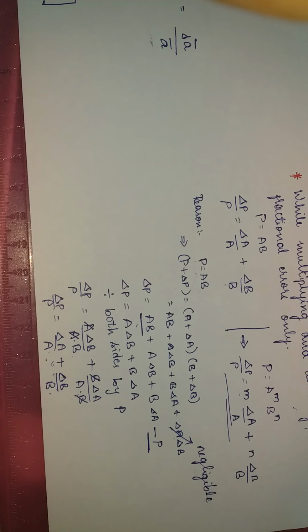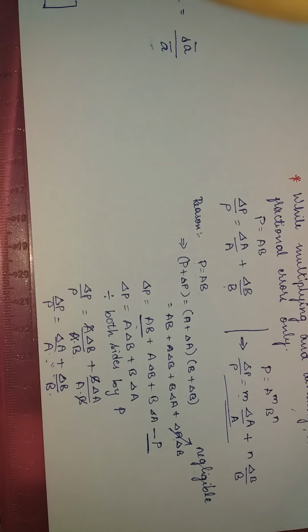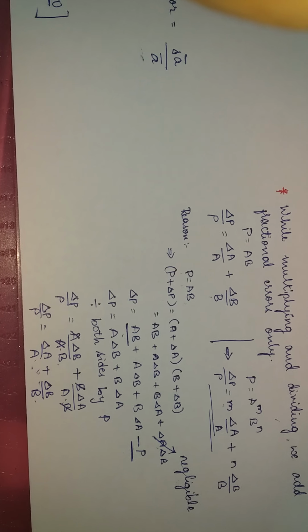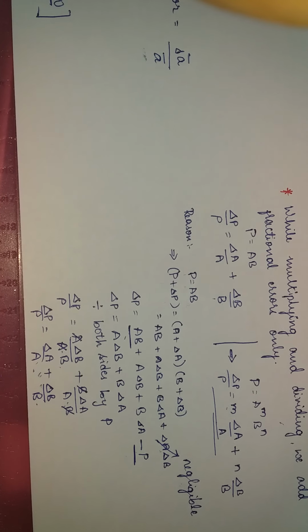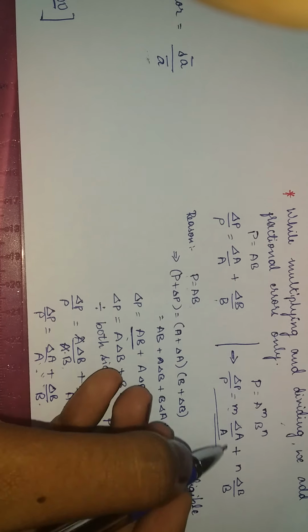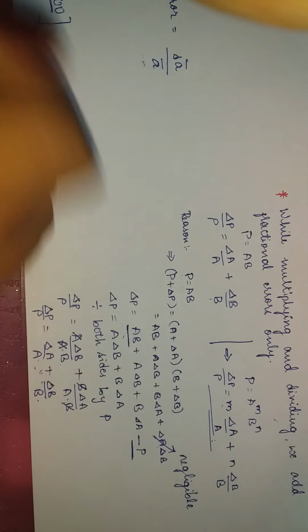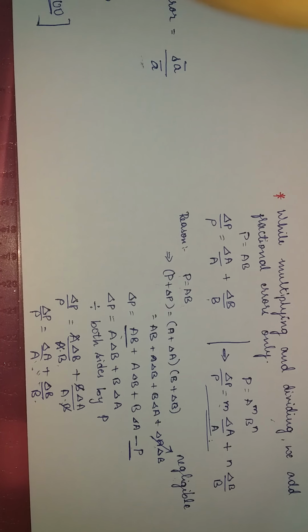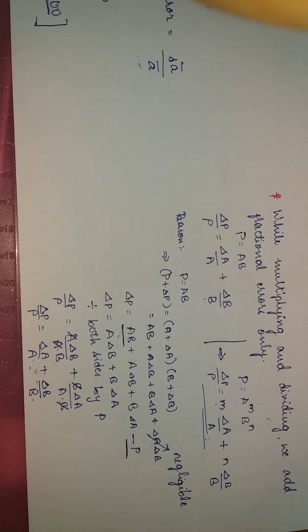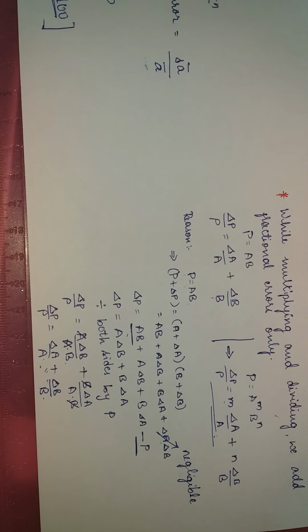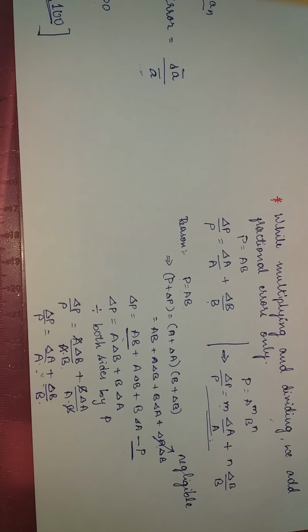Like, take it in terms of P plus delta P equals (A plus delta A) whole power m, (B plus delta B) whole power n, and then solve, differentiate, and you will end up getting this final equation which I have shown here. You can try this, and I would recommend you solve as many questions as possible, so that you will be thorough with the concept, build your concept well, and increase the speed of solving MCQs.